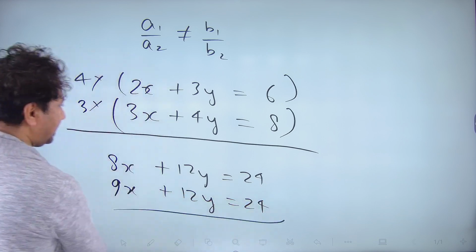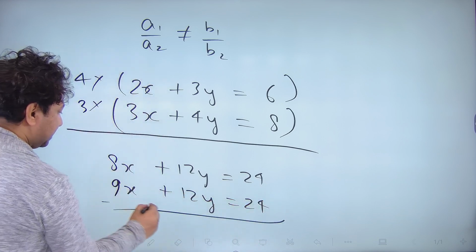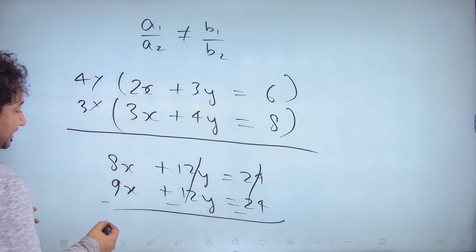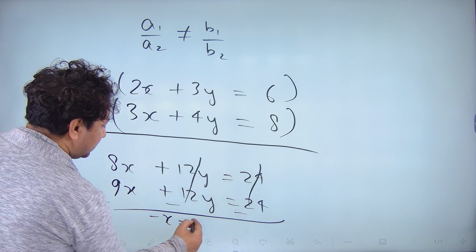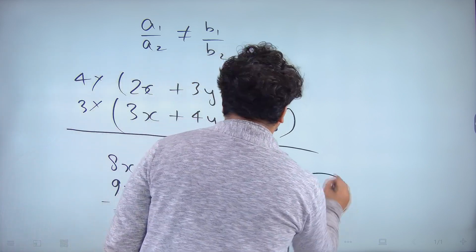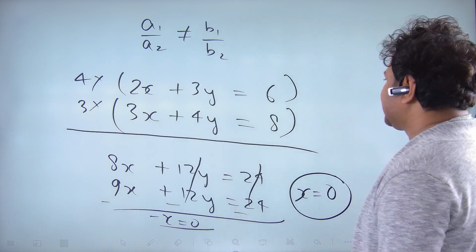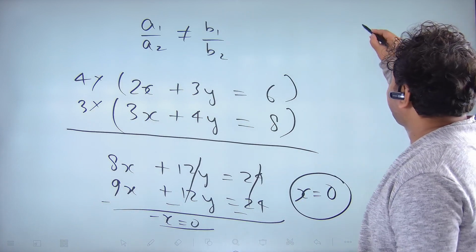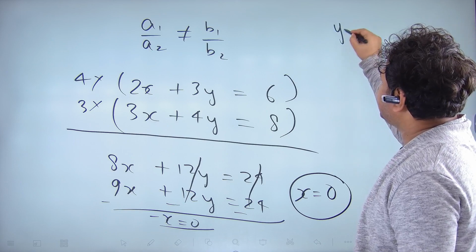Now, as you can see, what is happening? If I subtract, this gets cancelled, and 8x minus 9x, that is minus x equal to 0. That means x equal to 0, of course. So we got the value of x equal to 0 in this case. Great. Now, once we got x equal to 0, how to find y? To find y, we'll use the method of substitution.